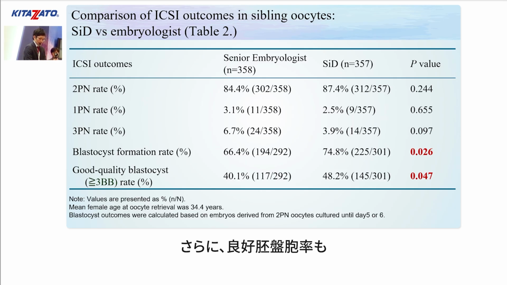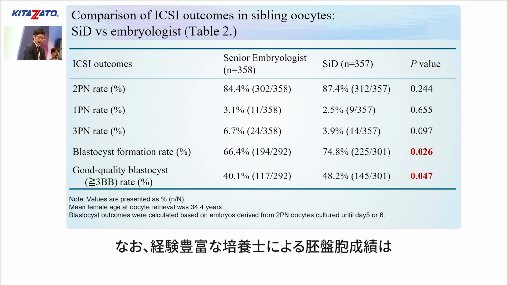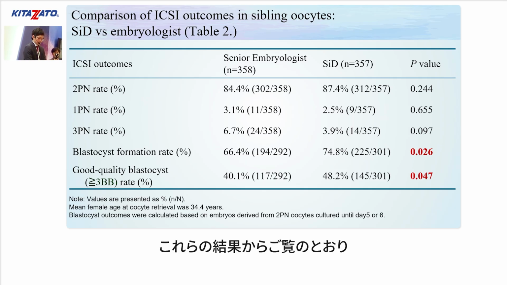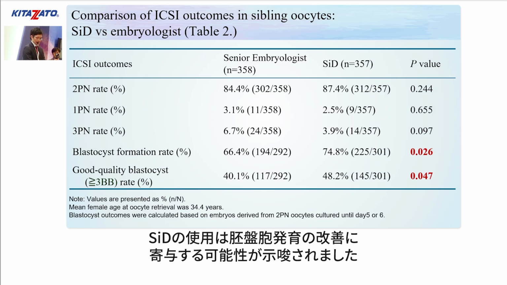In addition, the good quality blastocyst rate was also significantly higher in the SIDO group, 48.2% versus 40.1% in the control group. Blastocyst outcome from our senior embryologist met the benchmark standards defined by the ICSI consensus. These results suggest that using SIDO may help improve blastocyst development outcomes.